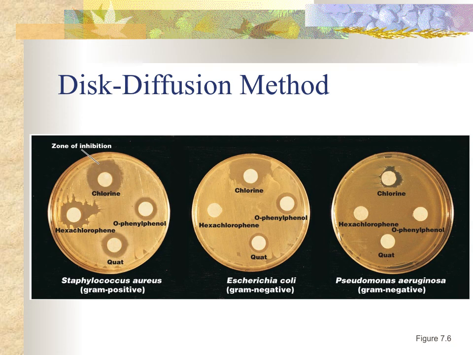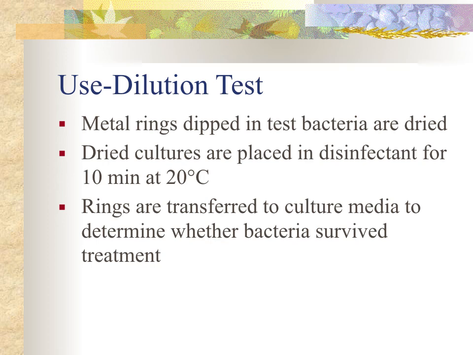We test these things all the time, using similar methods to what we use to test antibiotics, and even some of the things that don't have big zones of inhibition are quite useful. And there's other methods as well, like this use-dilution test.